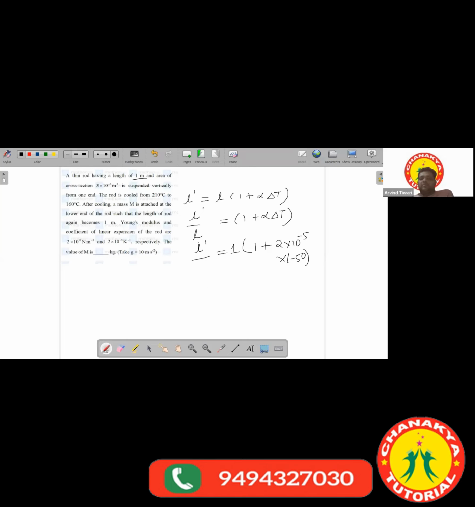So L dash, or the new length, will be equal to 1 minus 100 multiplied by 10 to the power minus 5. This is 1 meter minus 10 to the power minus 3 meter.